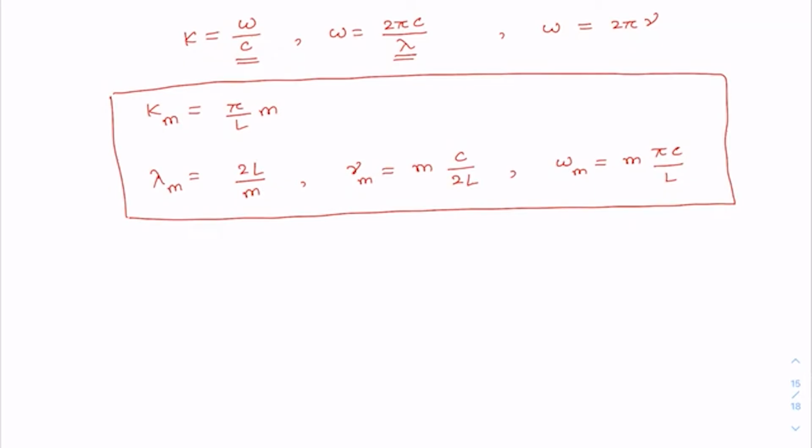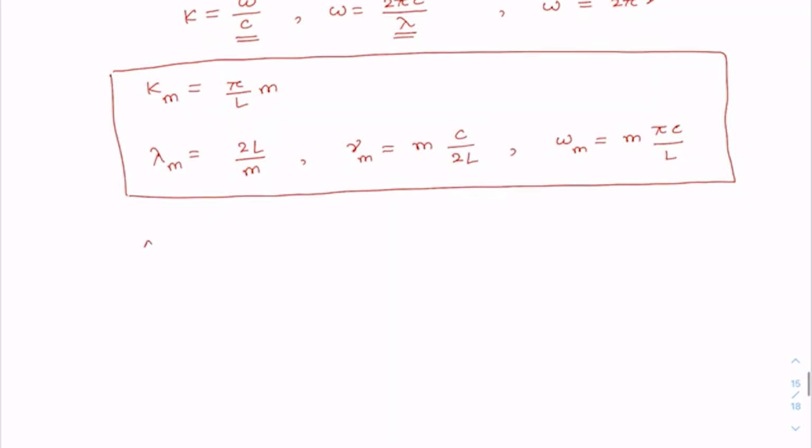Now for the corresponding spectrum, if I plot intensity inside the cavity versus the frequency, then only those frequencies or wavelengths which satisfy the resonance condition would be allowed to enter the cavity. For example, if it satisfies the condition nu_m, then you will have a sharp peak inside the cavity.